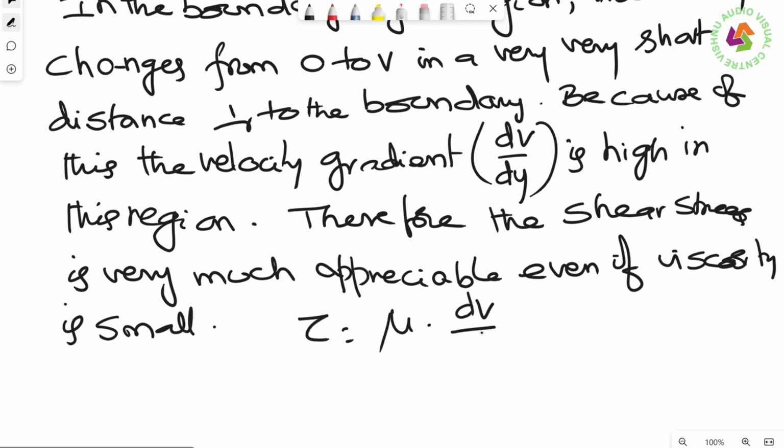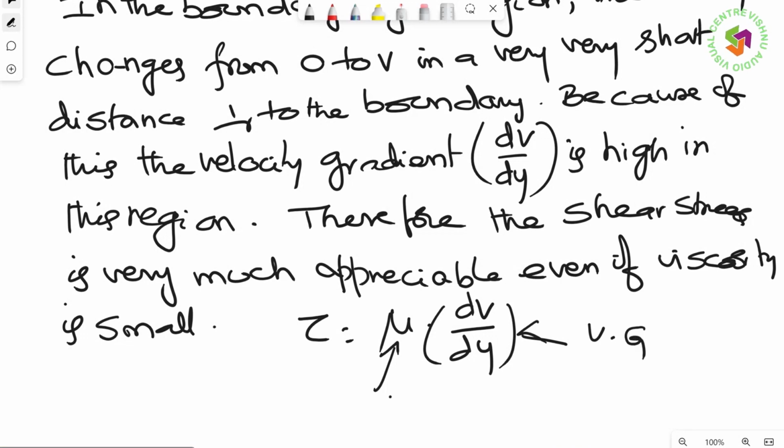One is mu and the other one is velocity gradient. This is viscosity, this is velocity gradient. So even if viscosity is less, for example, a fluid like water is flowing, naturally viscosity is very less. Or a fluid like air is flowing, naturally viscosity is less.